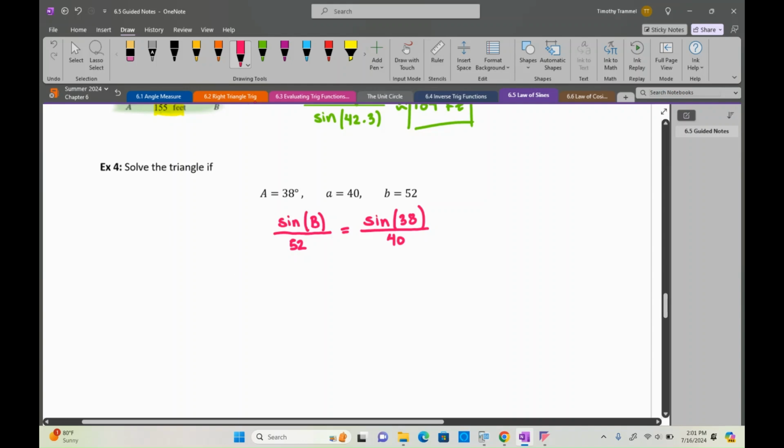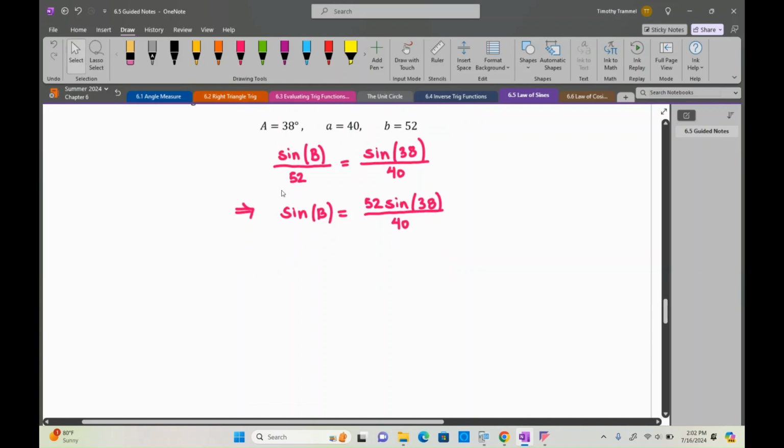If we solve that for b, or I'm going to solve it for sine of B first, I'm going to get 52 sine of 38 divided by 40.